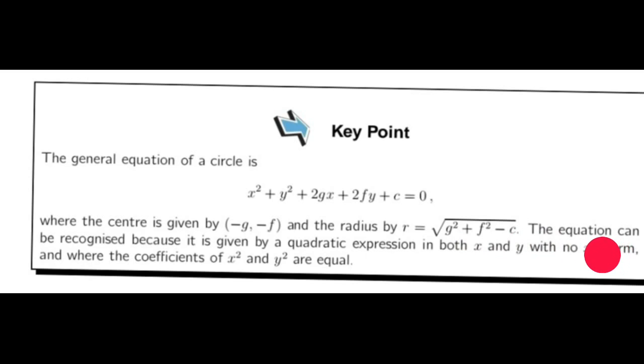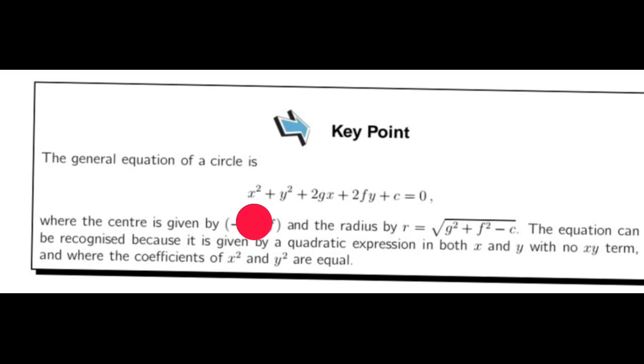The equation can be recognized because it is given by a quadratic expression in both x and y with no xy term. Coefficients of x square and y square are equal.